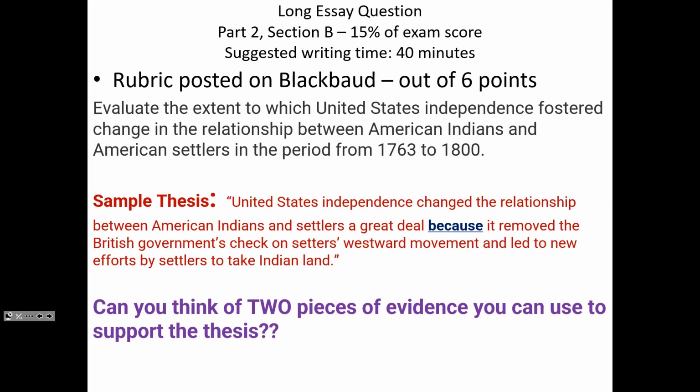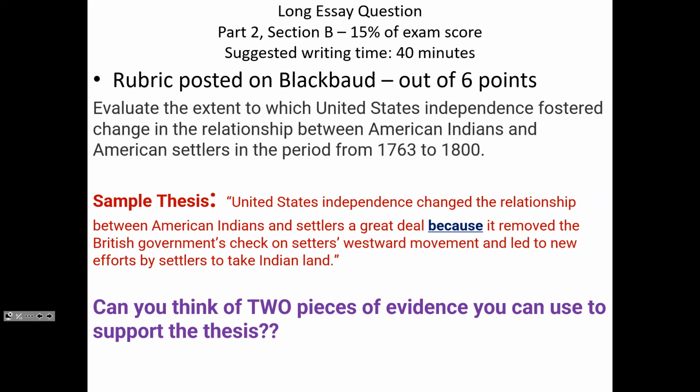So you start off with, okay, it changed. Things between settlers and Native Americans changed because, and then this is your historically defensible statement. Well, because the British were gone, so the settlers had more freedom, and this is going to lead to differences in how natives and Americans interact with each other.